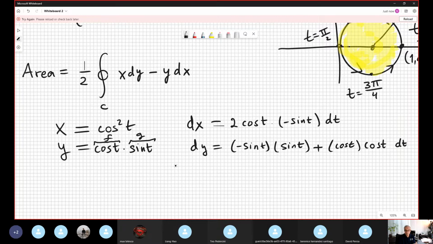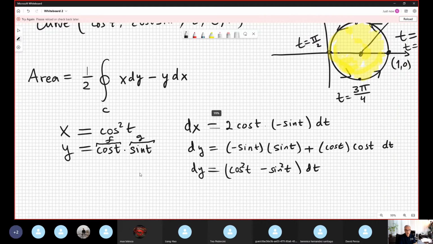Don't forget dt. Actually, if you want, rewrite this as cosine squared t minus sine squared t. Unfortunately, we have no identity. We have the identity when it's cosine squared plus, but when it's minus, no. Okay, no problem. Leave it like that.